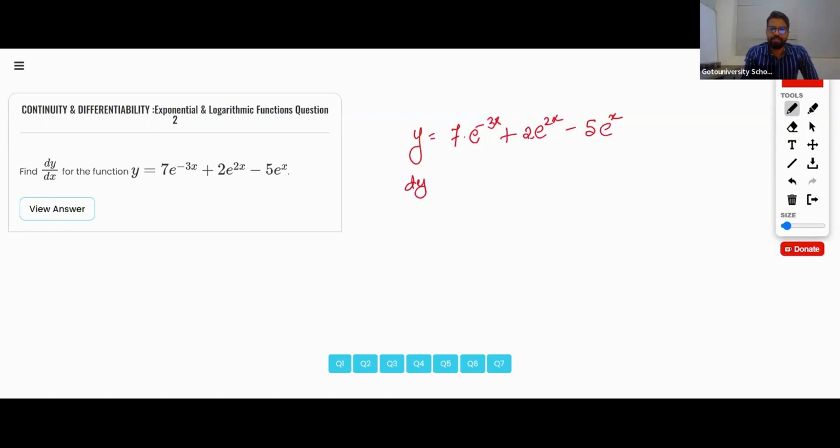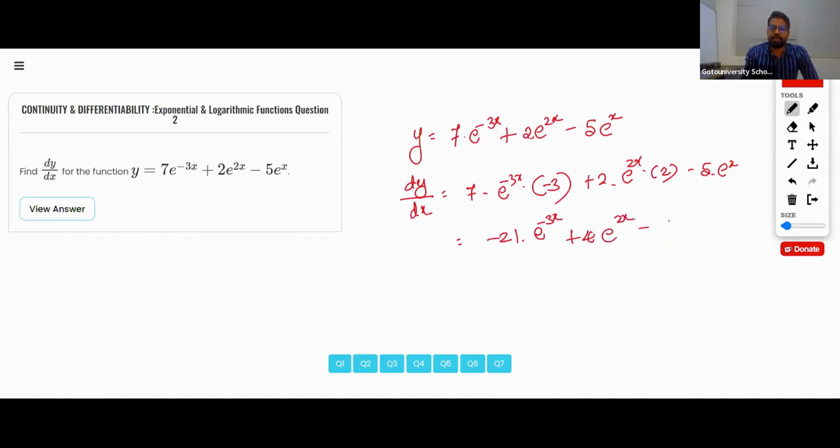So when I differentiate, we know now how to differentiate an exponential function. 7 remains as it is. e power minus 3x, because of minus 3x, we'll have minus 3, plus 2 into e power 2x as it is, because of 2x, it is 2, minus 5 into e power x. So what is our answer? dy by dx is minus 21 e power minus 3x plus 4 e power 2x minus 5 e power x.